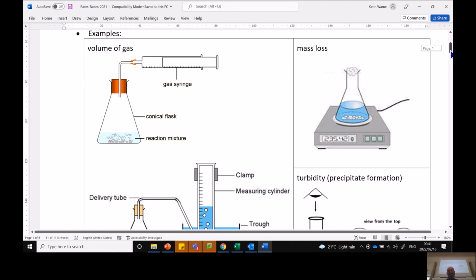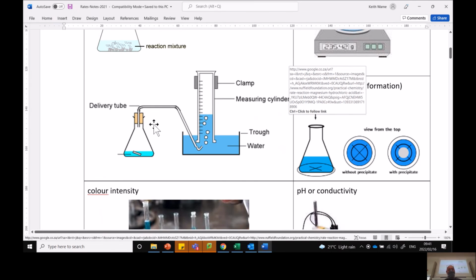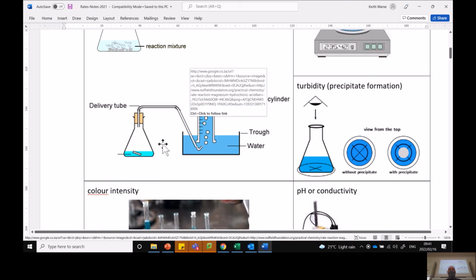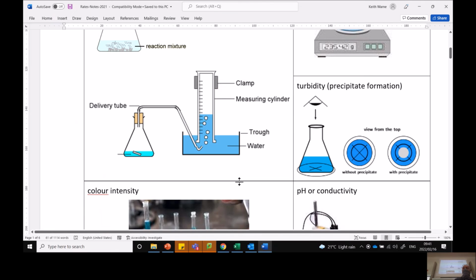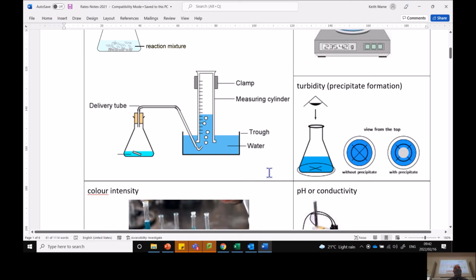So, you can do a reaction on a balance. Here's another way. Why would you collect a gas like this? Also because you can see the bubbles. It's normally when the gas is lighter than air. So you collect it by the downward displacement of water. You might want to write that down.